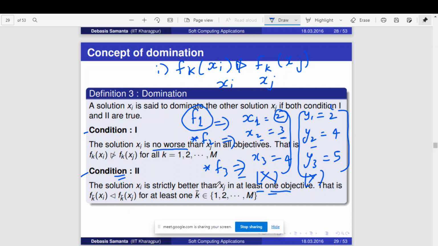Let me make some changes here. Now instead of this 3 I am making it 5. Now can you say that x is dominating y?